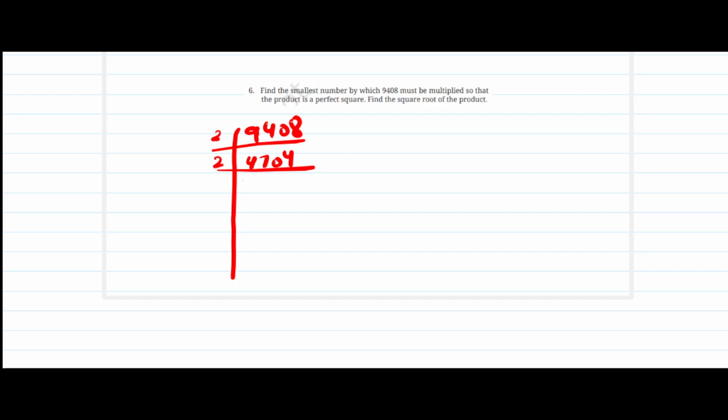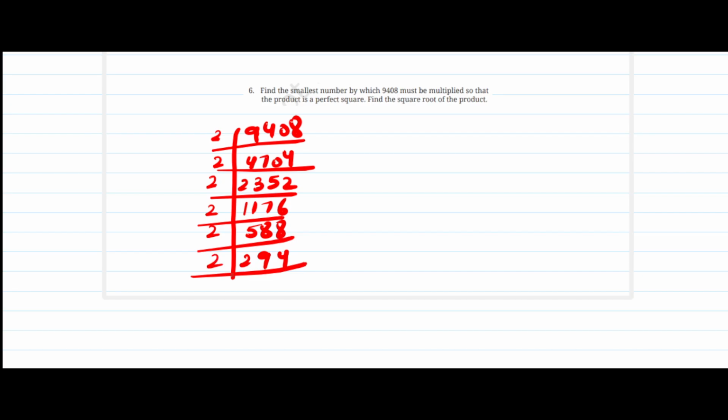Then by 2, we get 2352. Then by 2, we get 1176, 588, 294, 147, 7, 3.